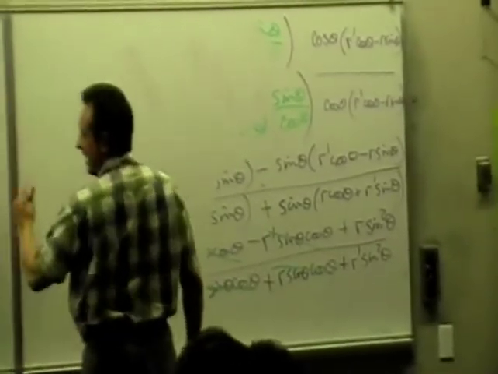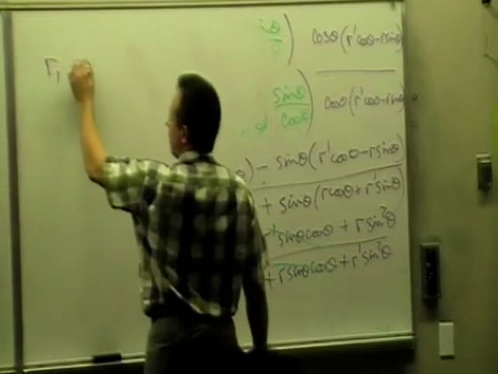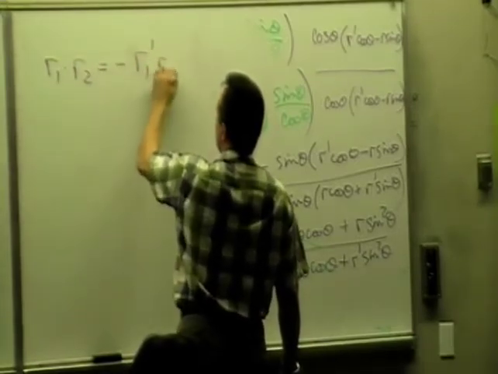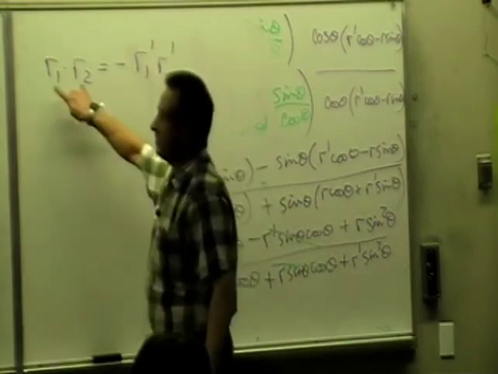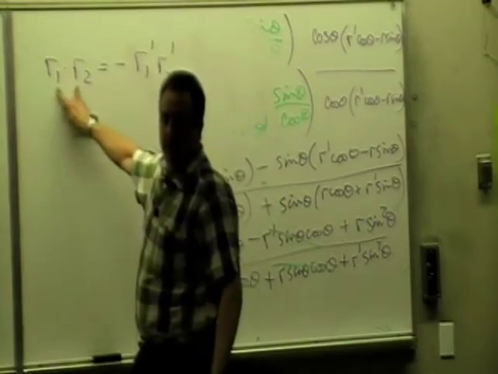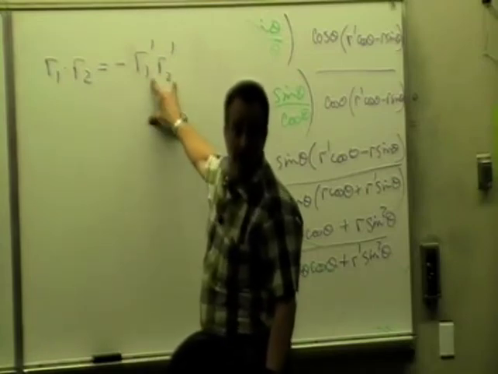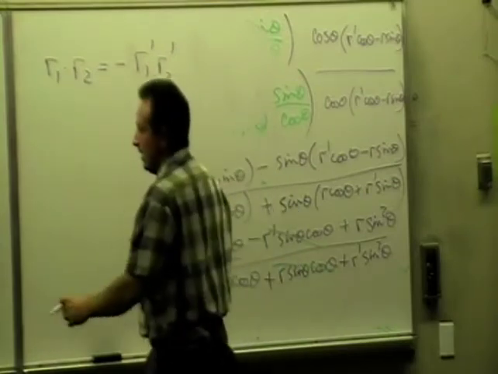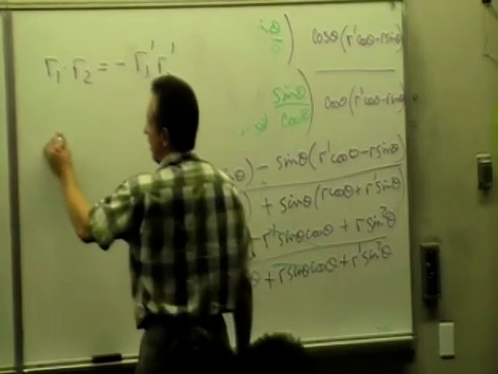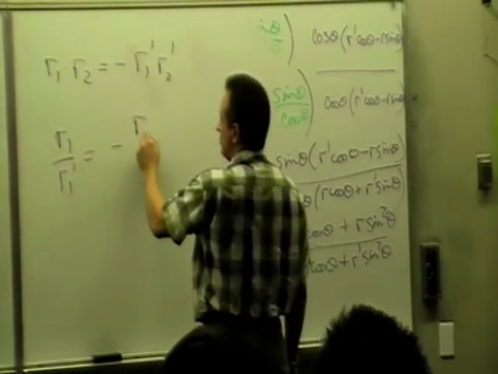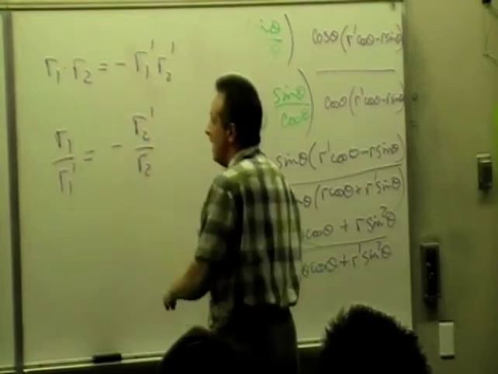Or better yet, let's move these to the other side and I'll get r1 times r2 has to equal negative r1 prime times r2 prime. In other words, take the two functions, multiply them together, and it has to give the negative of the two derivatives multiplied together. Or, if I flip this to the other side, I get r1 over r prime 1 equaling negative r2 prime over r2.